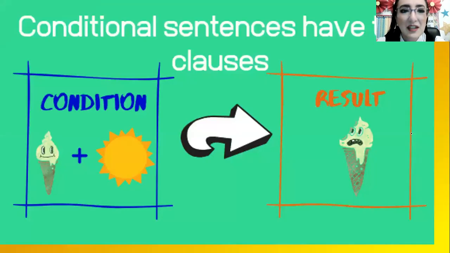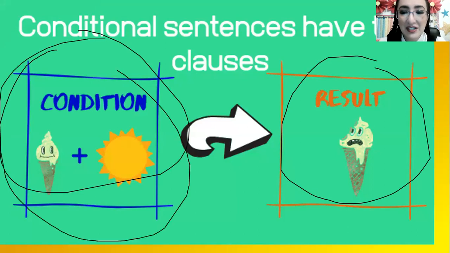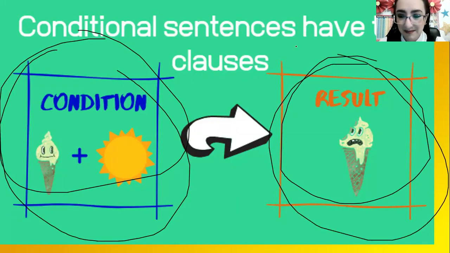So, when we talk about conditionals, we are going to be having two parts, the condition and the result, okay? Two clauses, the condition and the result. Perfect.